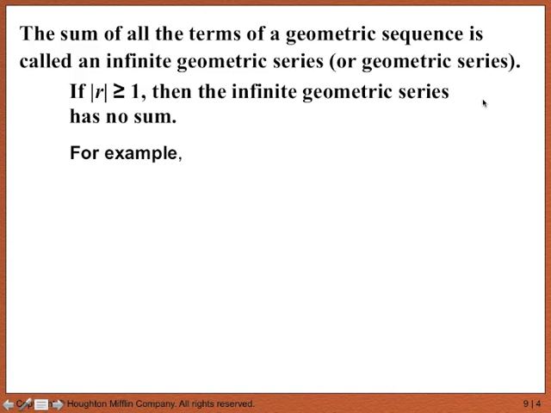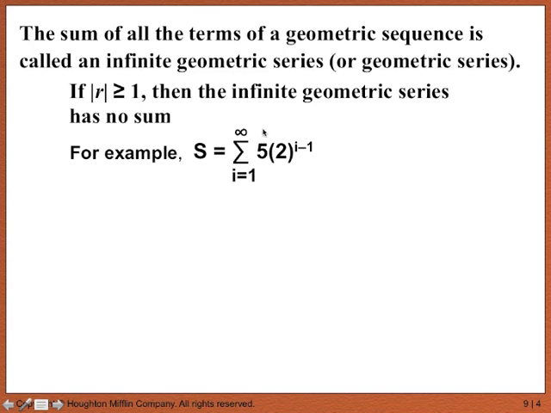All right, why is that the case? Well, let's examine why. For this specific infinite geometric series, notice that this example matches exactly the example from the last screen. We're talking about the same geometric sequence, 5 times 2 to the i minus 1 power.